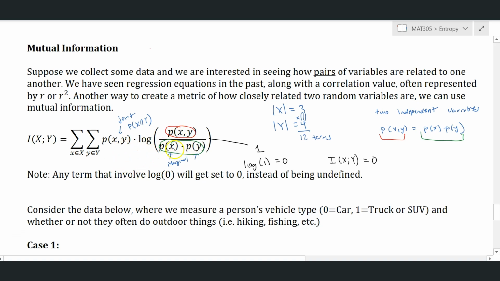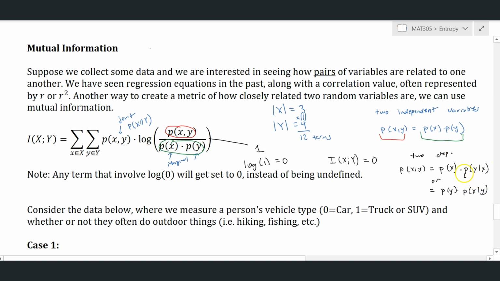If they are not independent variables and there's some relationship between them, then for two dependent variables we would write that the probability of x comma y is equal to one of two things: the probability of x times the probability of y given x, or the probability of y times the probability of x given y.